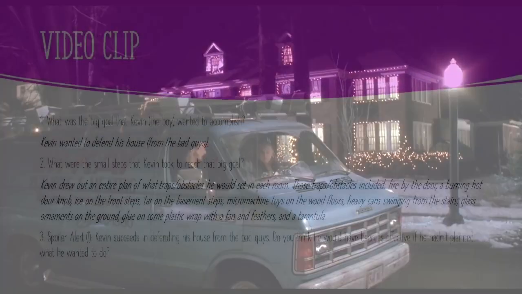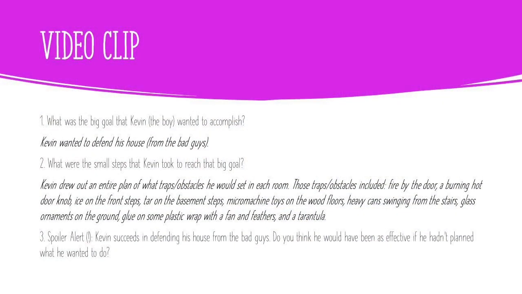All right, so in this video clip that we saw, Kevin planning to protect his house from the bad guys. What was the big goal? Well, Kevin wanted to keep the bad guys from robbing his house, to defend his house. And what were some of the small steps that Kevin took? Kevin set small individual traps in order to achieve his goal.